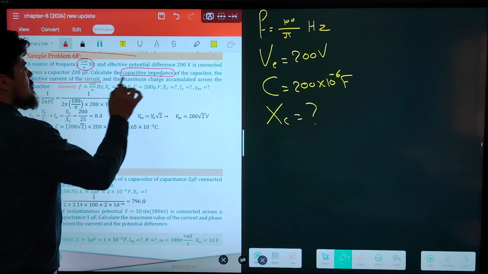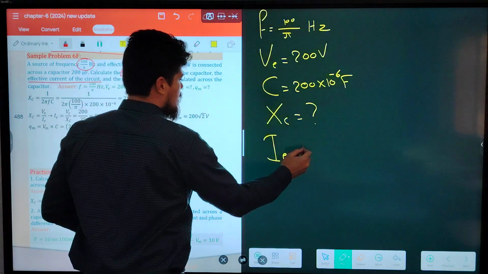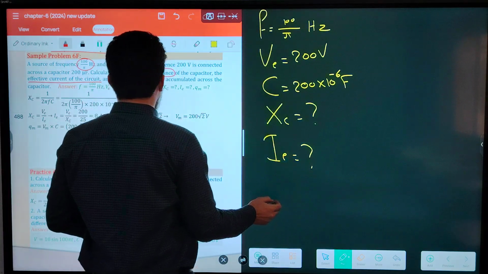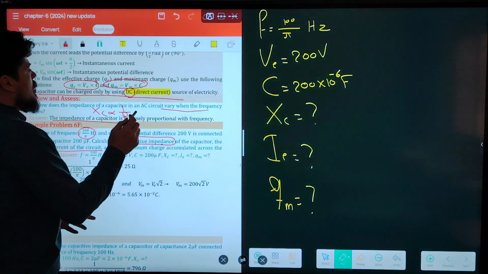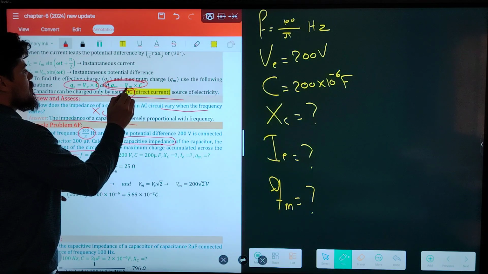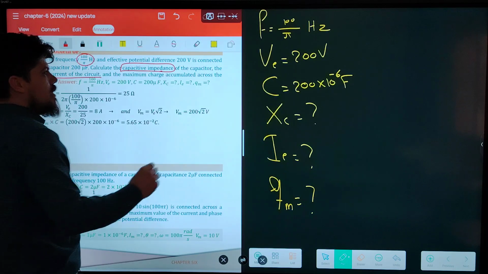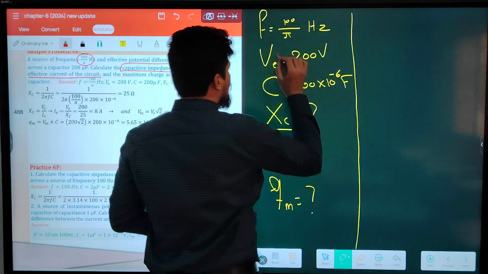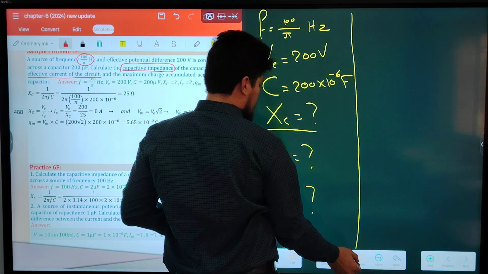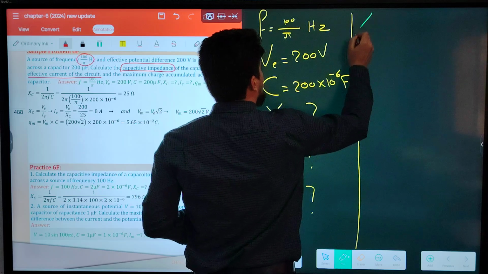Calculate the capacitive impedance, the effective current and the maximum charge Qm. Maximum charge can be determined by using this relation: Vmax times capacitance. Okay? How can we determine XC? Because we have frequency and capacitance, we can find XC.